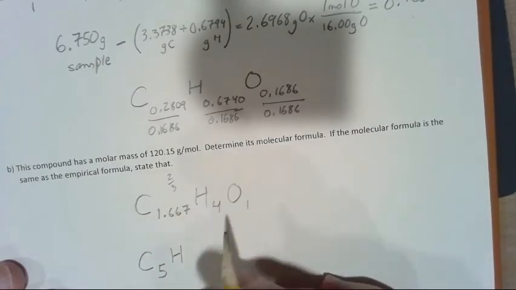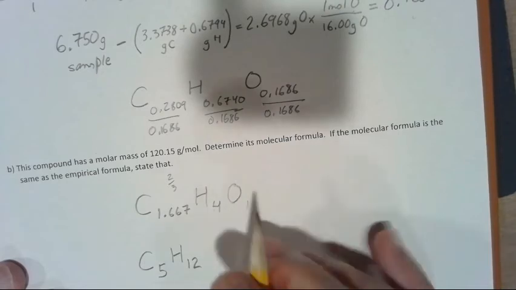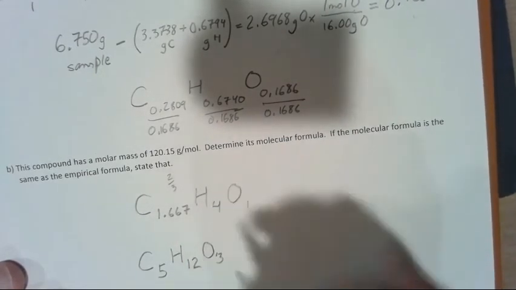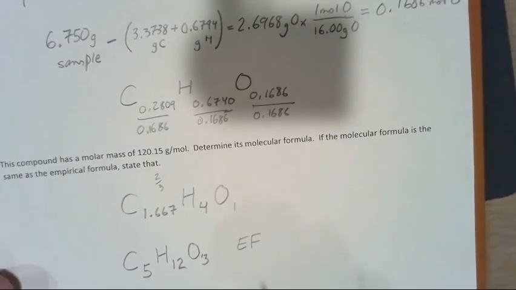Hydrogen is going to be multiplied by 3, so hydrogen will be 12. And the 1 oxygen is going to be multiplied by 3. So that is our empirical formula, which is the simplest ratio of carbon to hydrogen to oxygen you can have. You can't divide this through by anything.